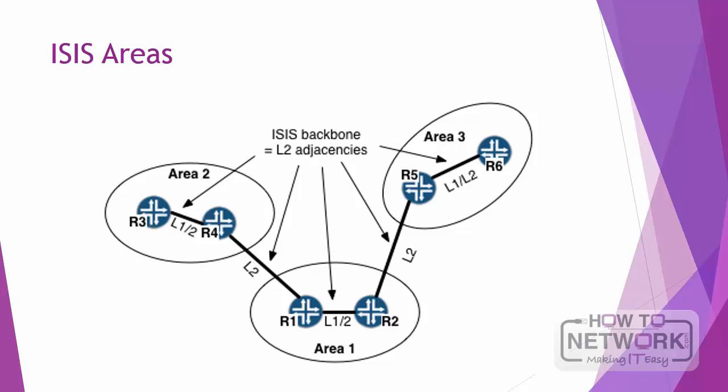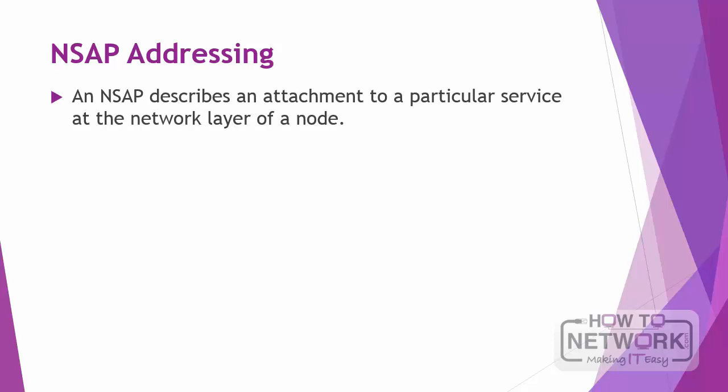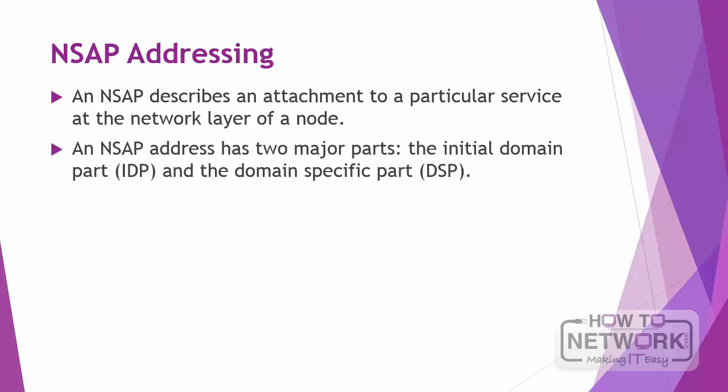Next, let's talk about NSAP addresses. An NSAP describes an attachment to a particular service at the network layer of a node, similar to the combination of IP destination and IP protocol number in an IP packet. An NSAP address has two major parts: the IDP, or initial domain part, and the DSP, the domain-specific part.